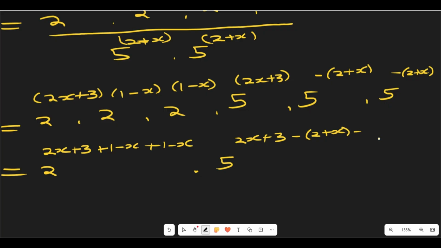When you say plus minus, it's the same as saying minus. You are not subtracting per se, you are just saying plus or minus, and then it's going to say minus 2 plus x.